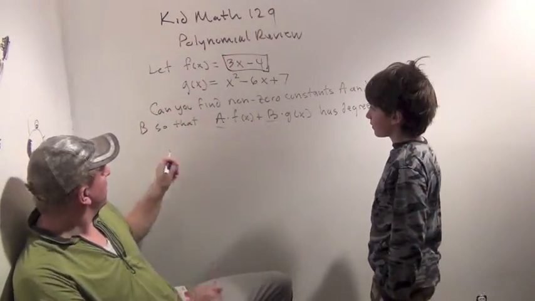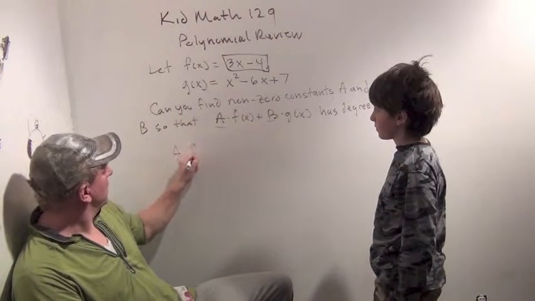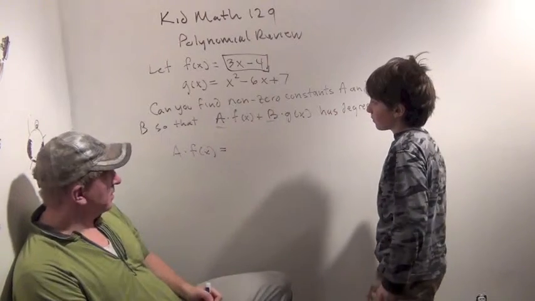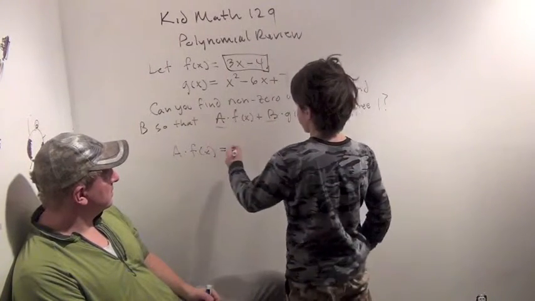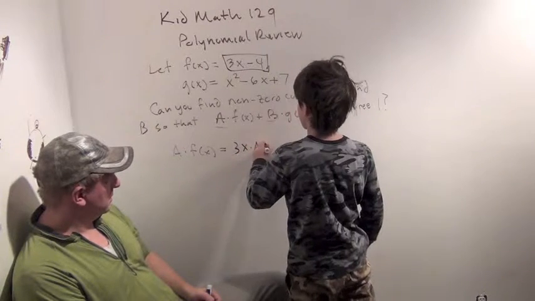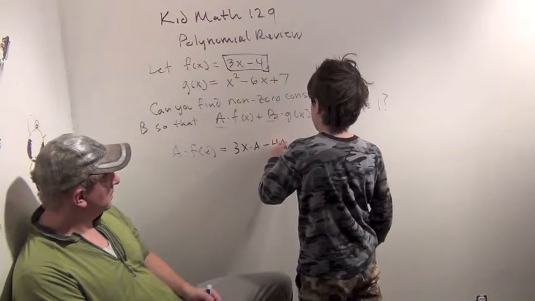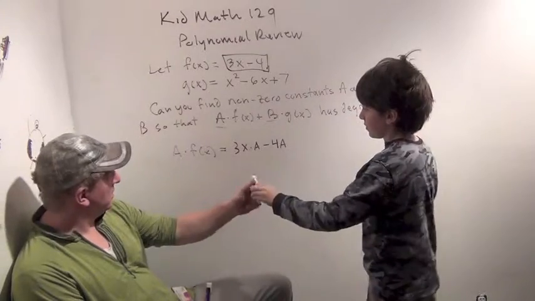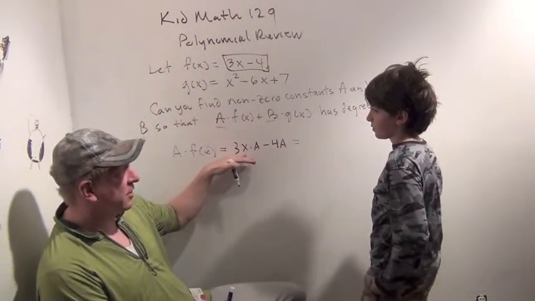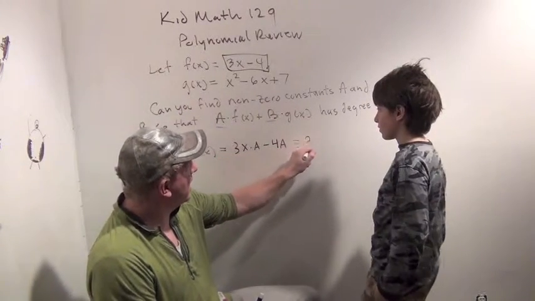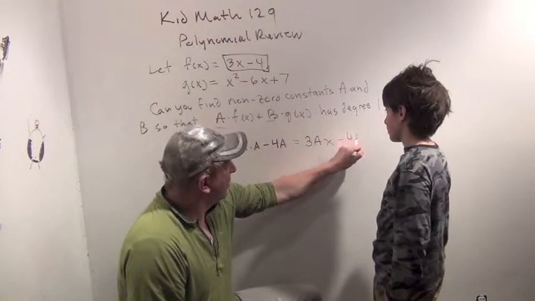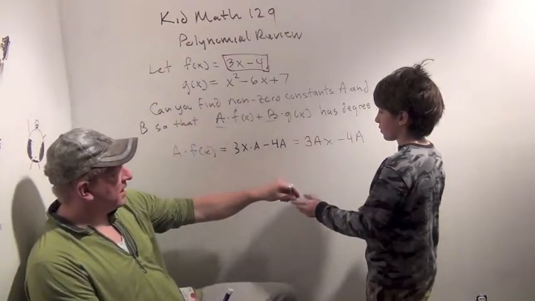In fact, what is a times f of x equal? Can you write that out? Well, it's 3x times a minus 4a. Okay, and usually we'll write the constants in front of the x. So we would write this as 3ax minus 4a.